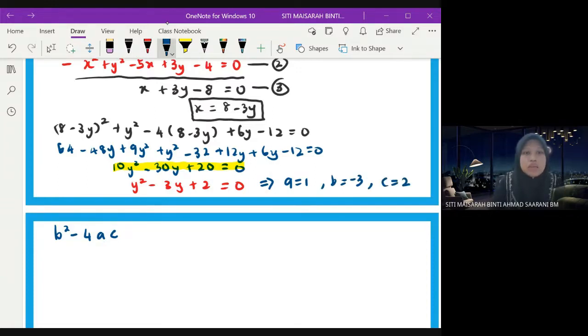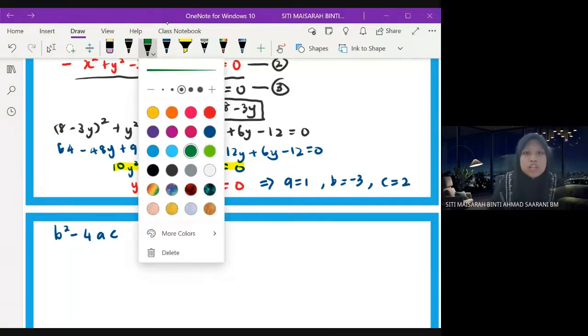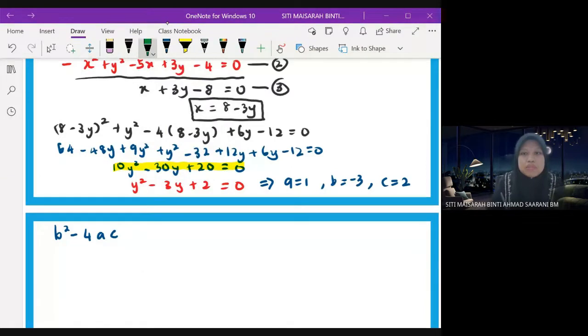Tengok ni a, b, c lah, kalau awak lupa, kuadratik tu dia mesti bentuk macam ni: ax square plus bx plus c is equal to 0. Dalam kes ni variable dia y lah, tak ada masalah. So jadi a dia 1, b dia negatif 3, c dia 2.